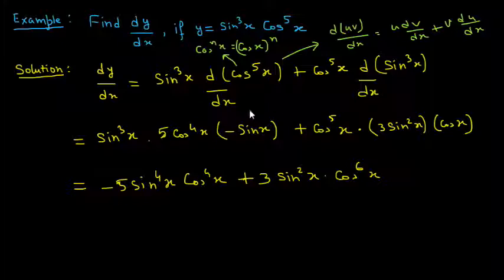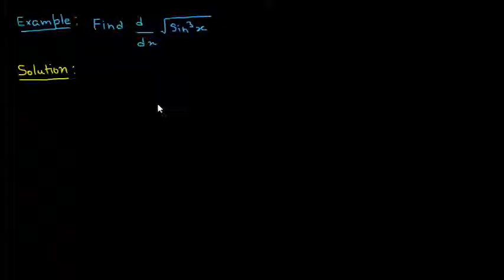Similarly, the same we can write for the sine. So this is the answer. Let us move to the next question. So the next sum is find dy upon dx of under root sin cube x.